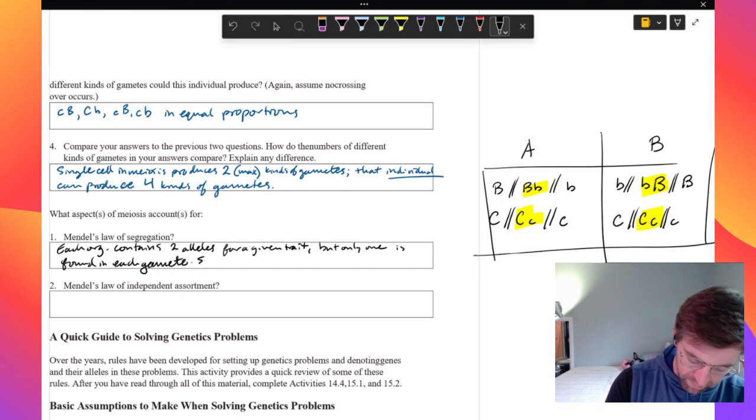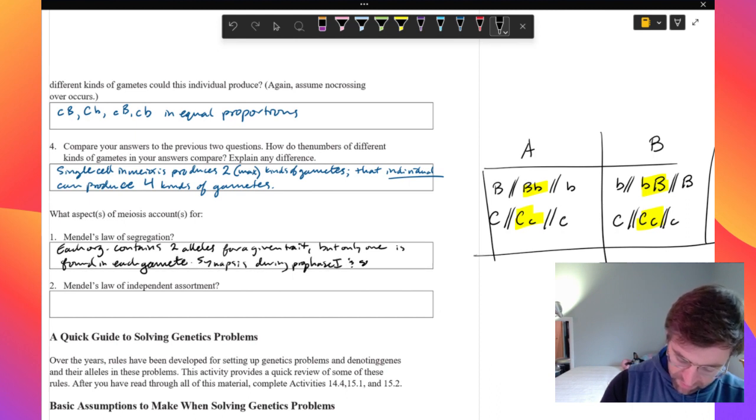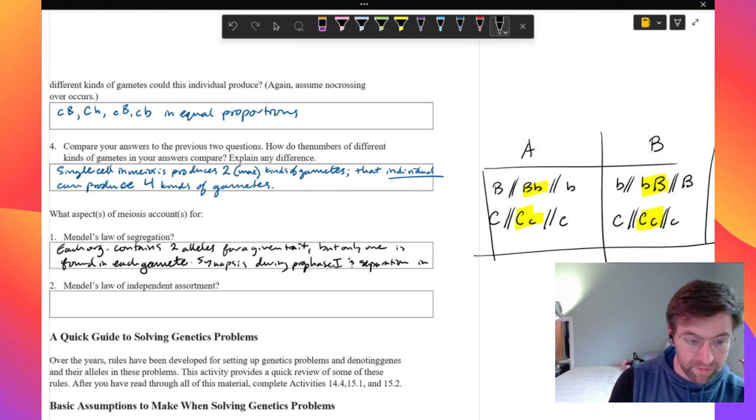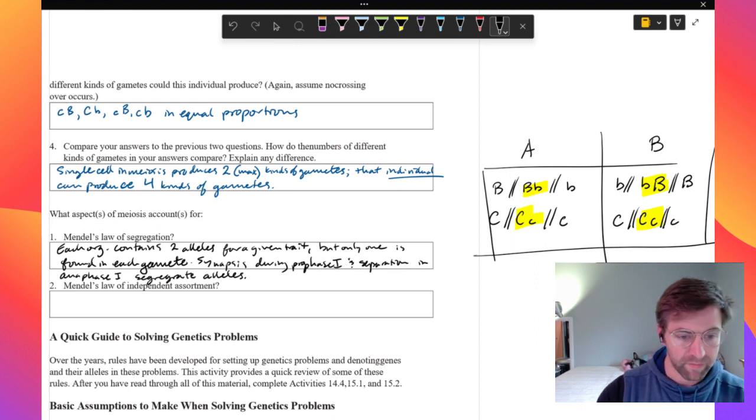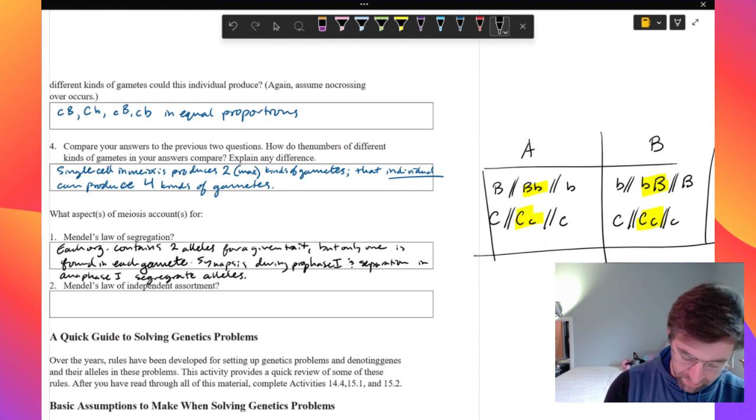Synapsis during prophase one and separation in anaphase one segregate alleles between gametes. Cool.